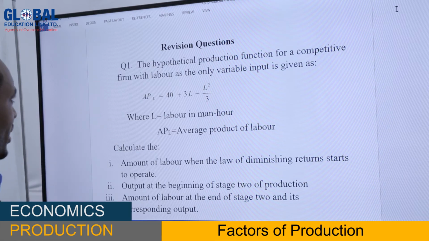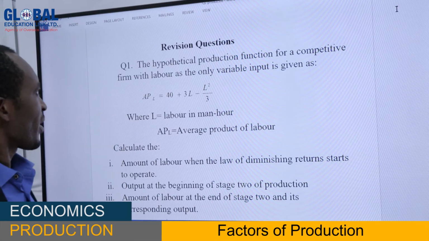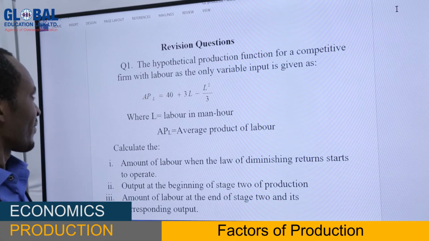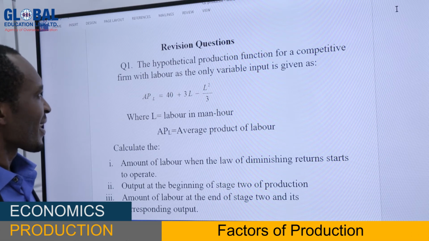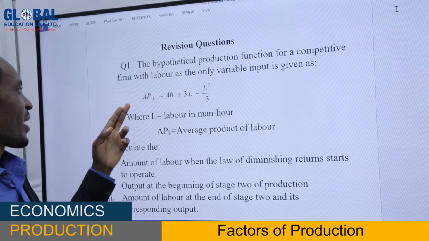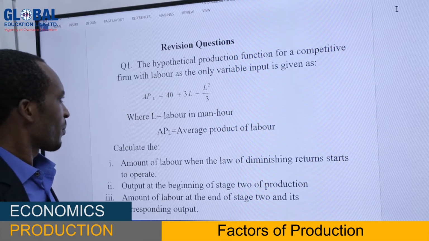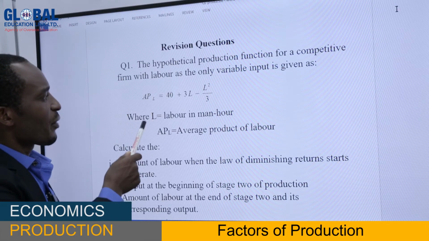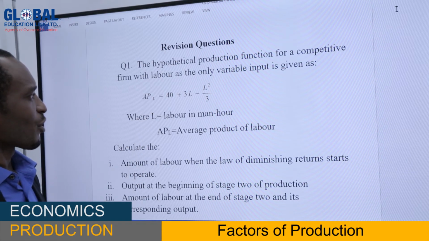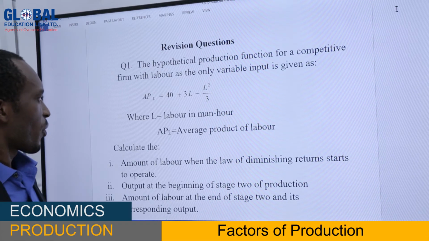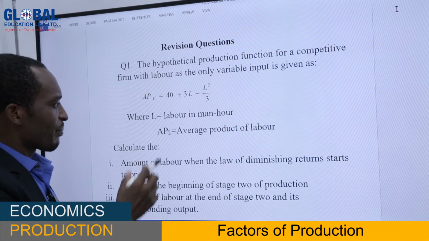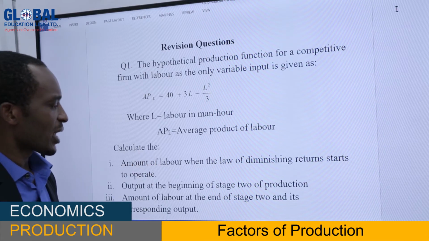Let us consider this question. Question number 1 says, the hypothetical production function for a competitive firm with labor as the only variable input is given as follows. We are given the average product of labor, which is 40 plus 3L minus L square over 3, where L stands for labor in man hours, and AP_L is the average product of labor.